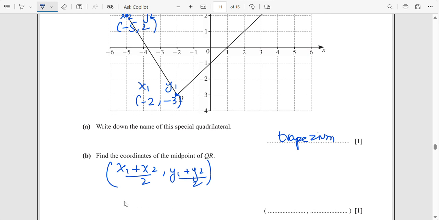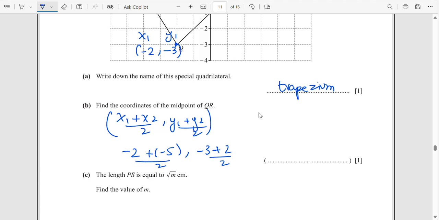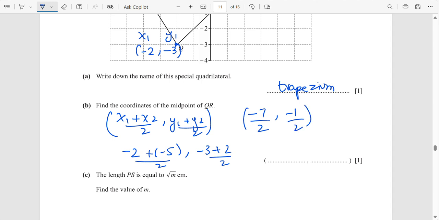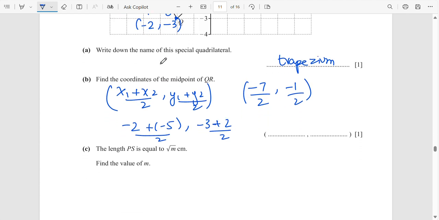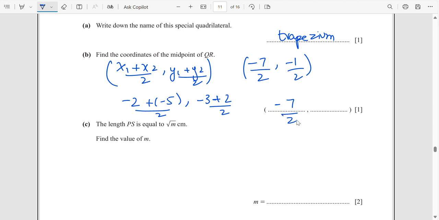So -2 plus -5 divided by 2, and -3 plus 2 divided by 2. Here -2 -5 is -7 over 2, and -3 plus 2 is -1 over 2. So our answer is -7 over 2 and -1 over 2.